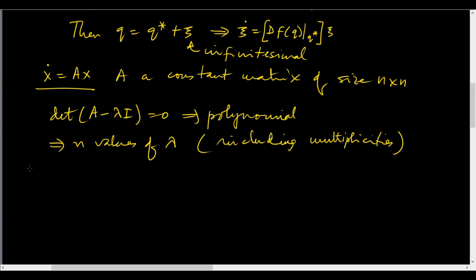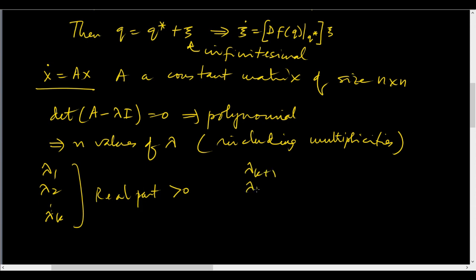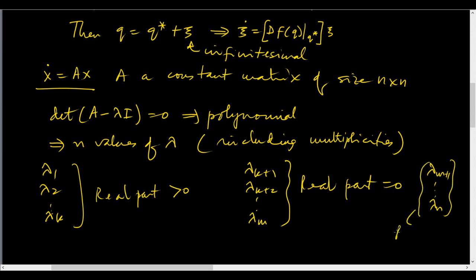Assume lambda 1, lambda 2, to lambda k have real part greater than 0, lambda k plus 1, lambda k plus 2, to lambda m have real part equal to 0, and lambda m plus 1 to lambda n have real part less than 0.